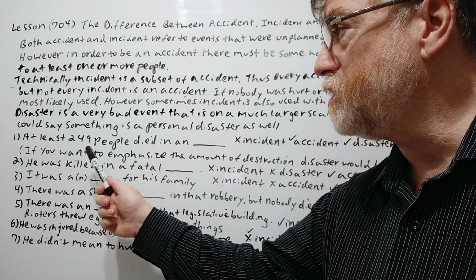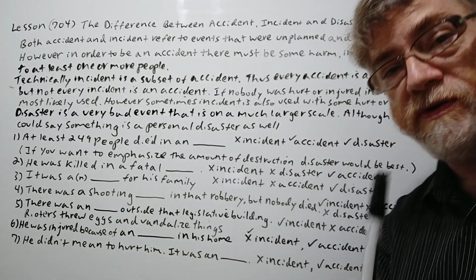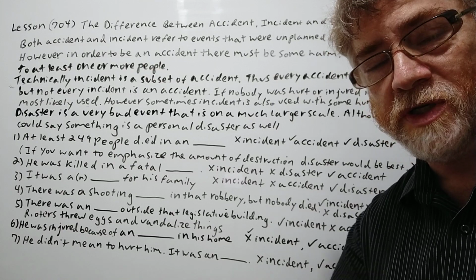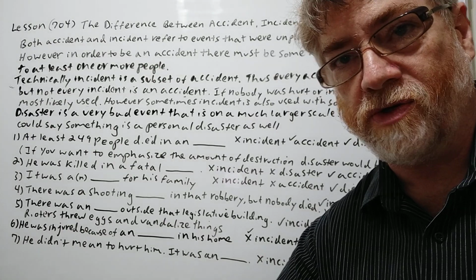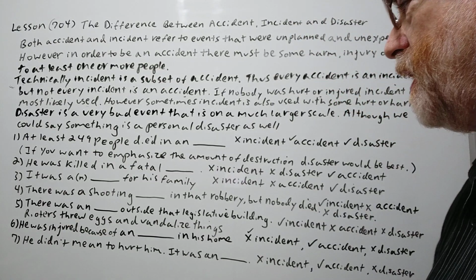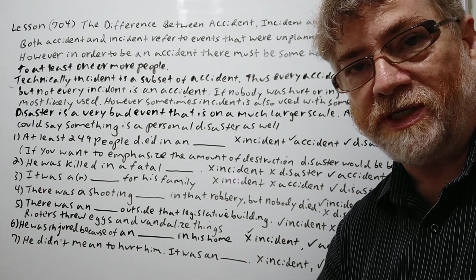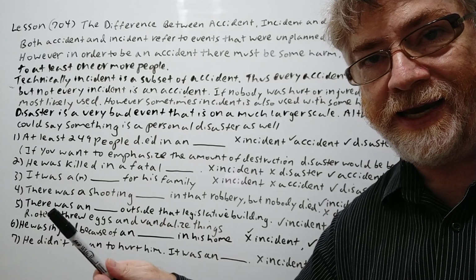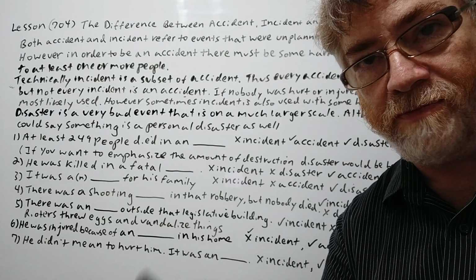So I added this note. If you want to emphasize the amount of destruction, disaster would be best. So sometimes it depends upon what you want to emphasize or stress too. If you want to emphasize that it was from some vehicle or form of transportation, then accident might be better.